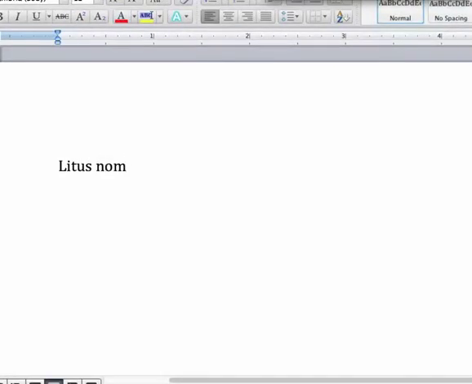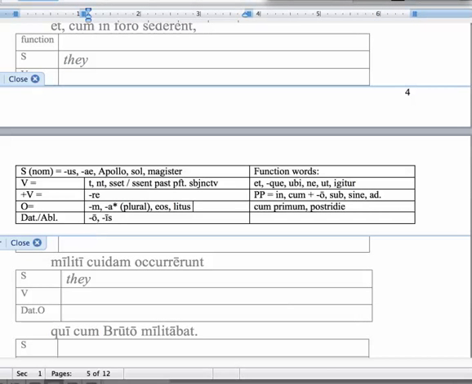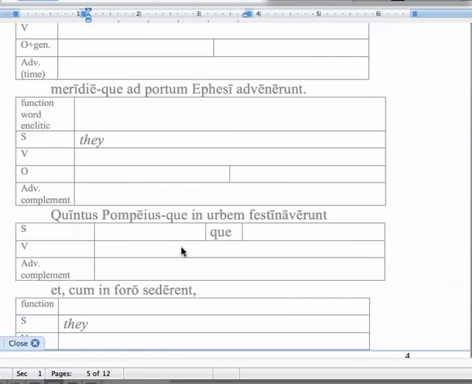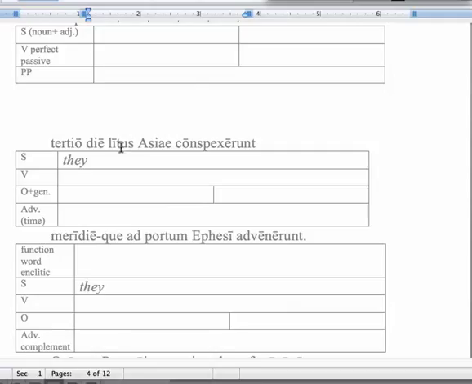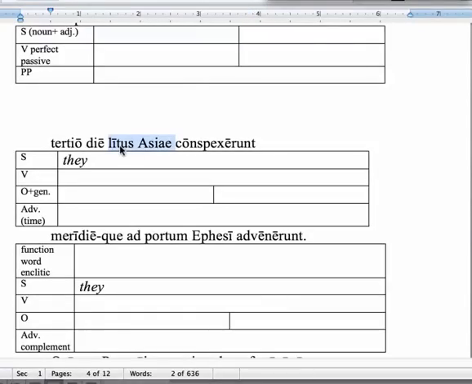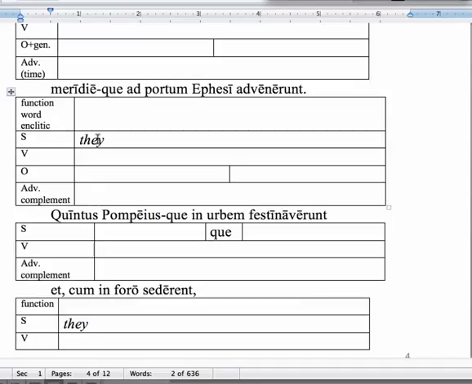So the nominative and accusative, when a noun is neuter, are always the same. So in this case, litus cannot be subject because the subject is plural. Therefore, it must be the object. They conspexerunt the litus Asiae, the coast of Asia, and then tertio die when that happens.